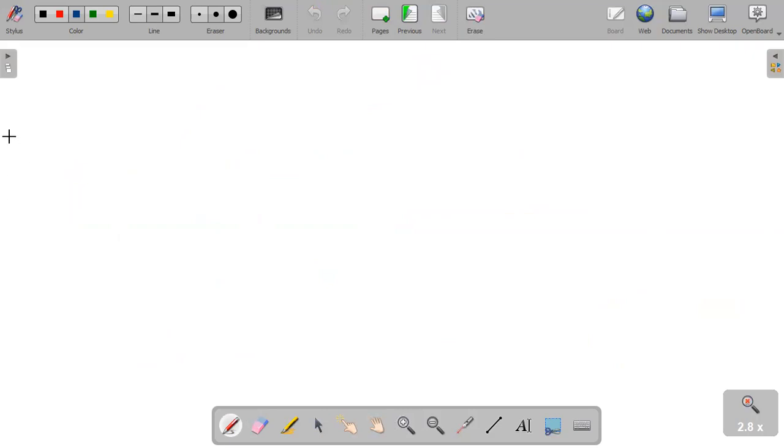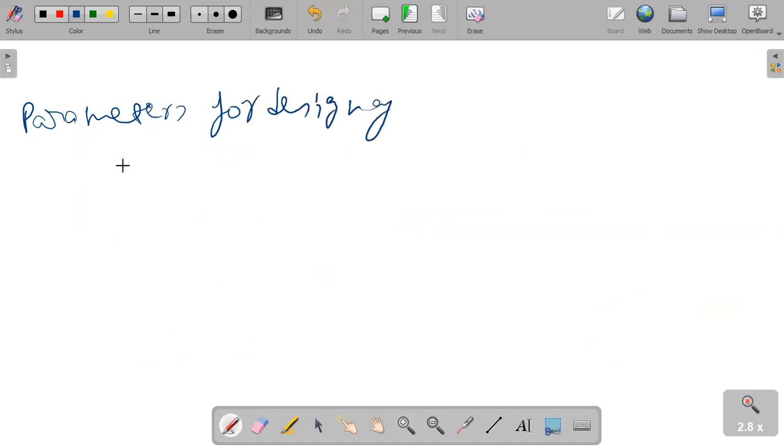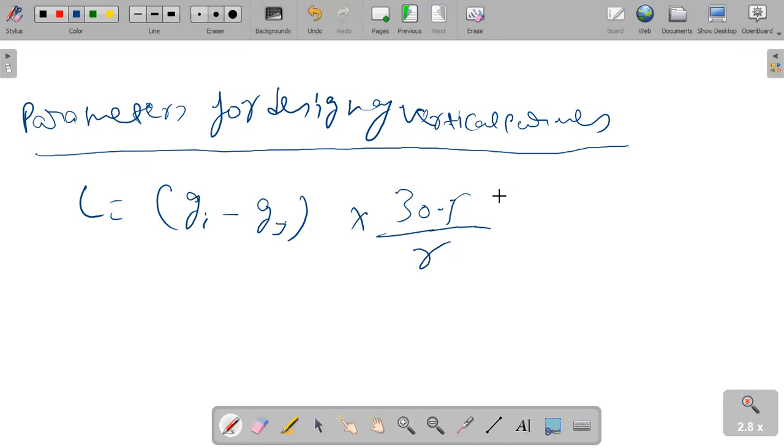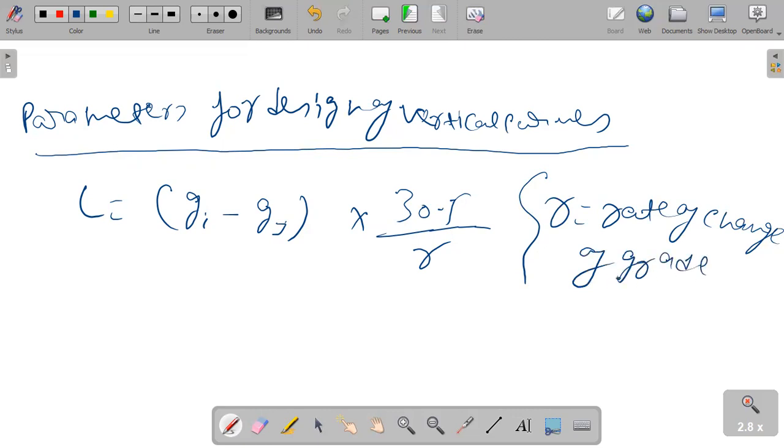For the design of vertical curves, we have the formula L is equal to GI minus GJ into 30.5 small r, where small r is the rate of change of grade.